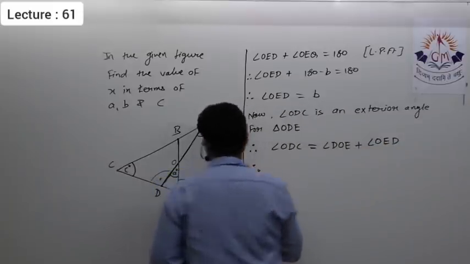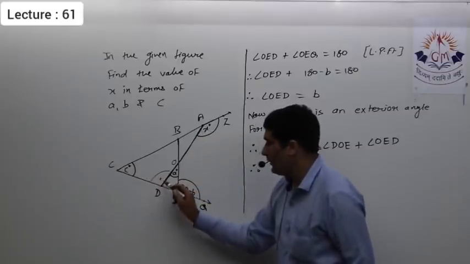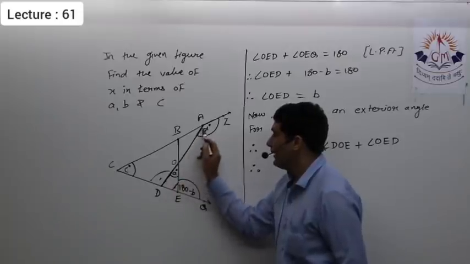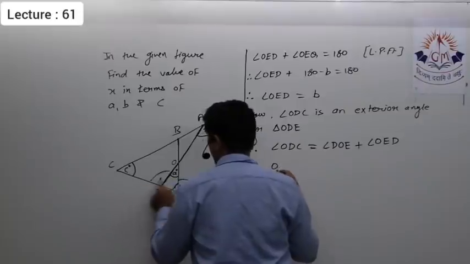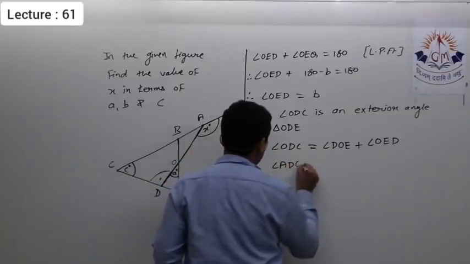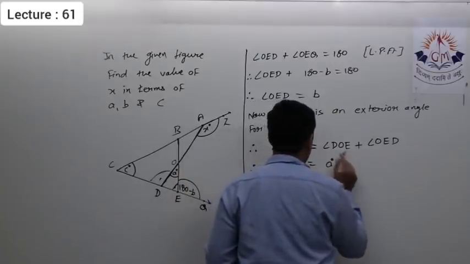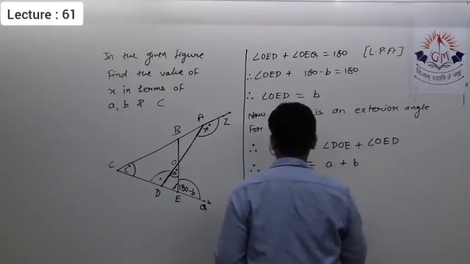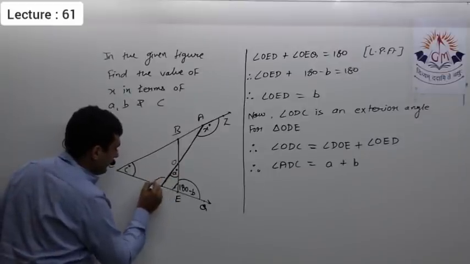Now I am replacing, see, this ODC can be written as ADC. It's the same thing, we are talking about this angle, the arm is only extended. So ODC can be replaced by angle ADC. Therefore angle ADC is equal to, now DOE is a and OED is b. Okay, so ultimately now I have the measure of this angle.